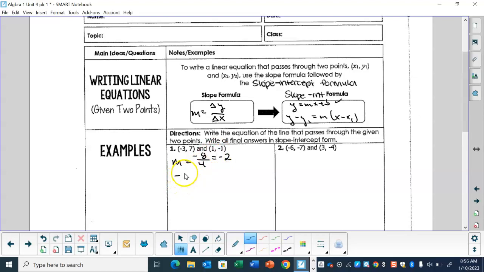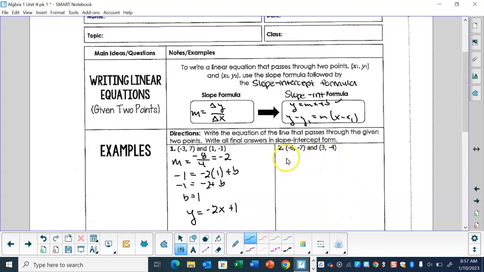So negative 1 is equal to my slope of negative 2 times my x of 1, plus b. If I add 2 to both sides, b is equal to 1. So now I can write my equation: y is equal to negative 2x plus 1.